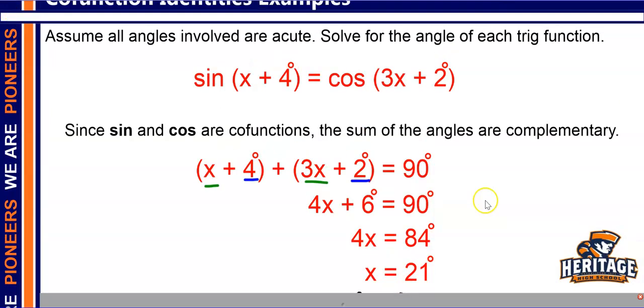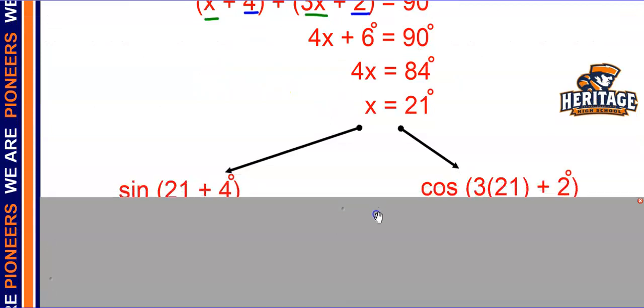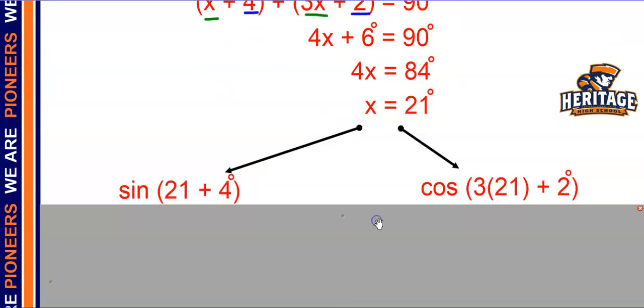However, that's not our final answer, because if you read the directions at the top, it says, assume all angles involved are acute, which has to be conditions set beforehand, and now it tells us what to do. It says solve for each angle of each trig function. So all we did was we found the x, but we didn't necessarily find the angle for each trig function. So what we have to do is plug 21 back into the original expressions for each trig function.